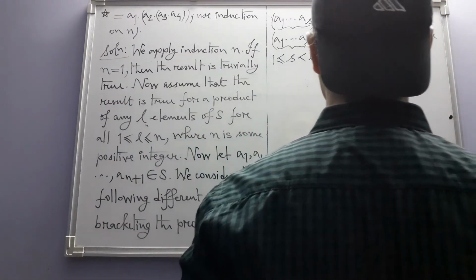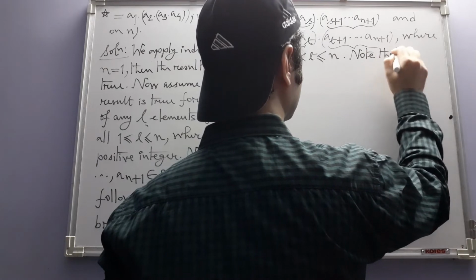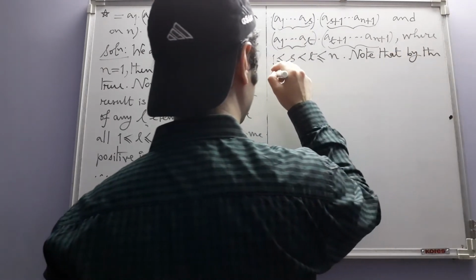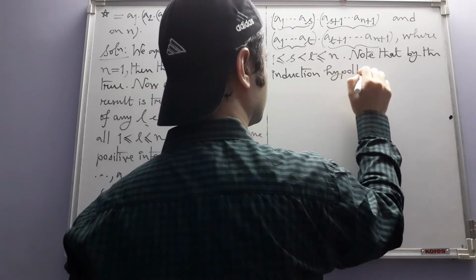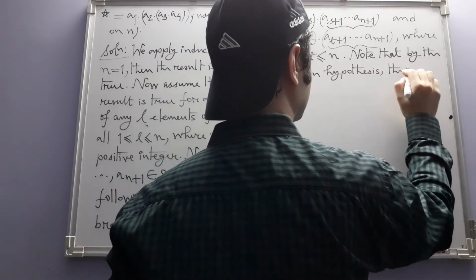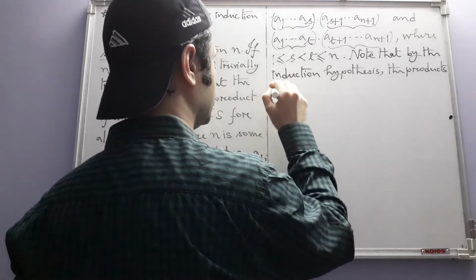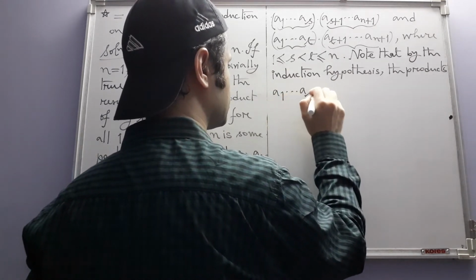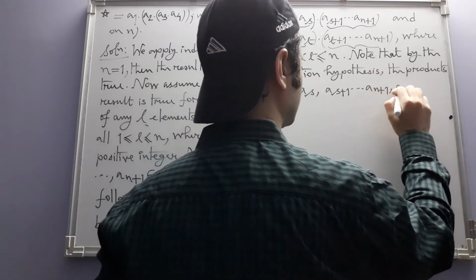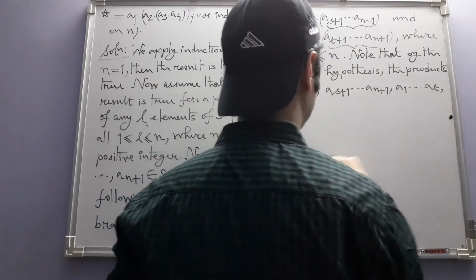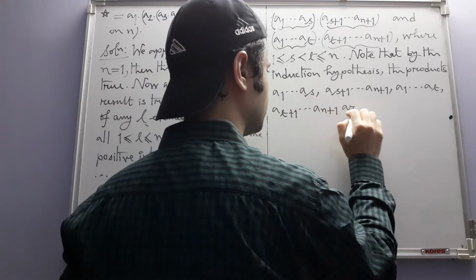But we should nevertheless mention that, note that by the induction hypothesis, the products, we have 4 products here, AS plus 1 to AN plus 1, A1 to AT, and AT plus 1 to AN plus 1 are well defined.